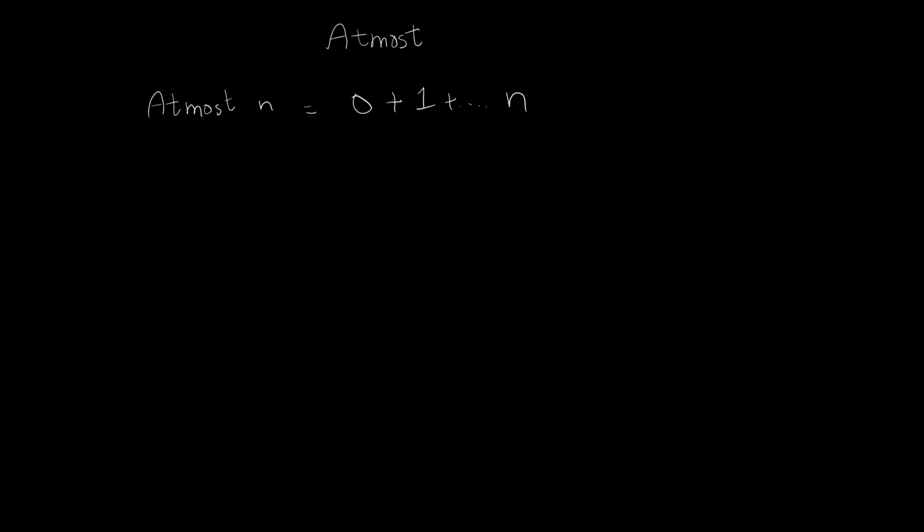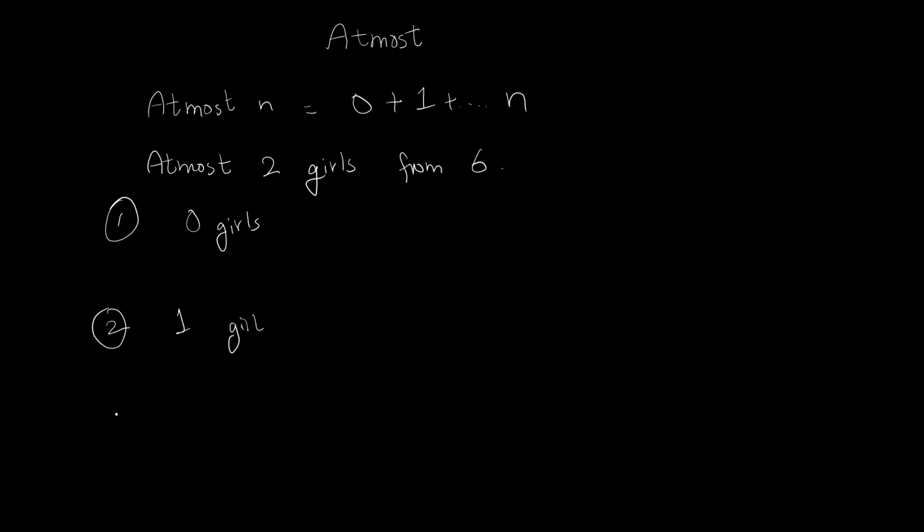For example, we'll have multiple cases. In the first case, we'll have 0 girls. The second one will have 1 girl. And the third one will have 2 girls, if we have to stop at 2, since it says at most 2 girls.